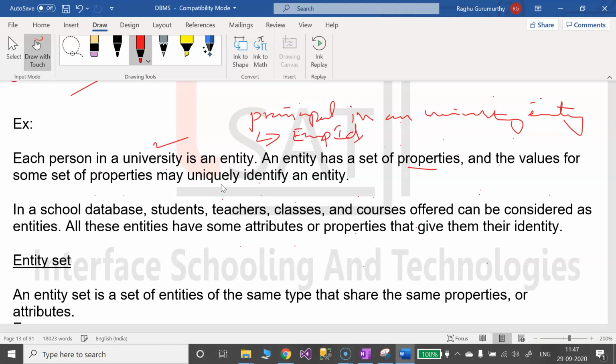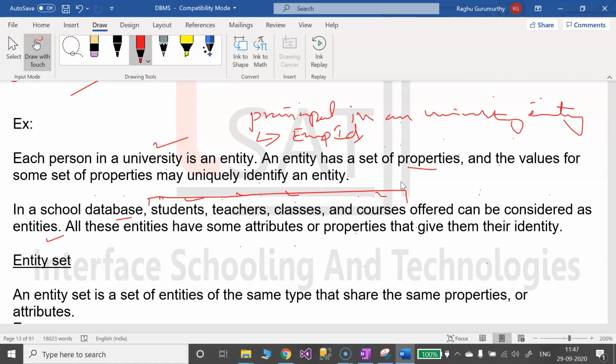Then in the second example, in a school database, students, teachers, classes, and courses offered can be considered entities. All these entities have some attributes or properties that give them their identity. So in a student database, we can consider all these as entities.